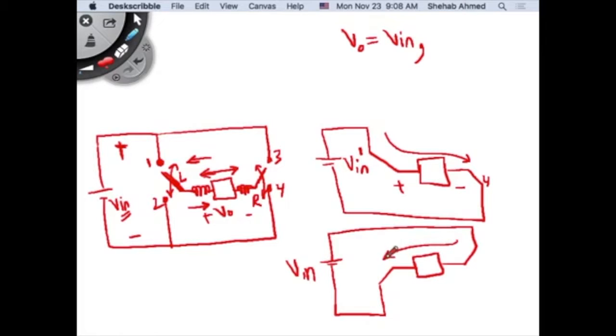The opposite way, right? So in one configuration I'm putting V input, in the other configuration I'm putting minus V input. If this is the polarity of V output, I flip the polarity of V input across it. So I have V input or minus V input. Do you agree? Okay.